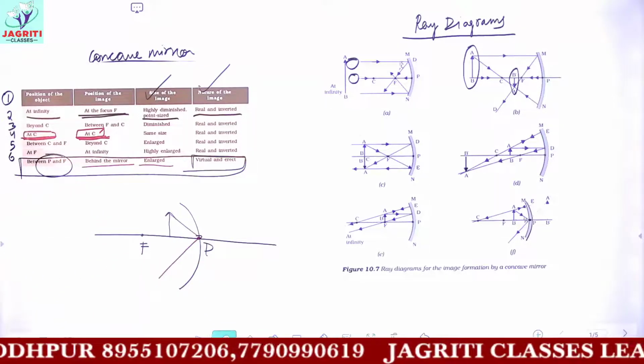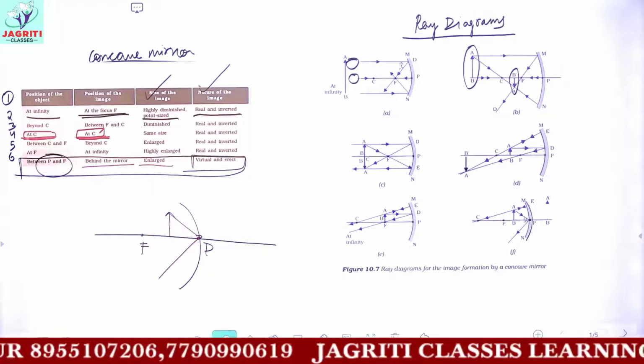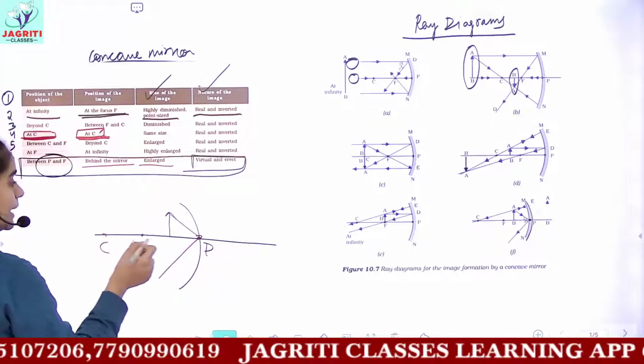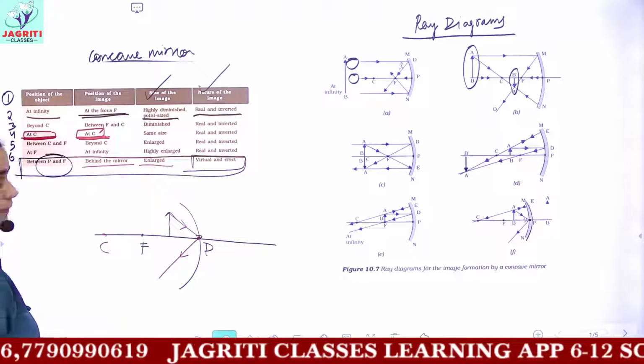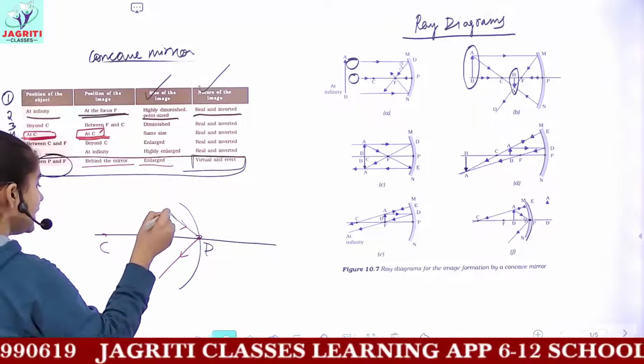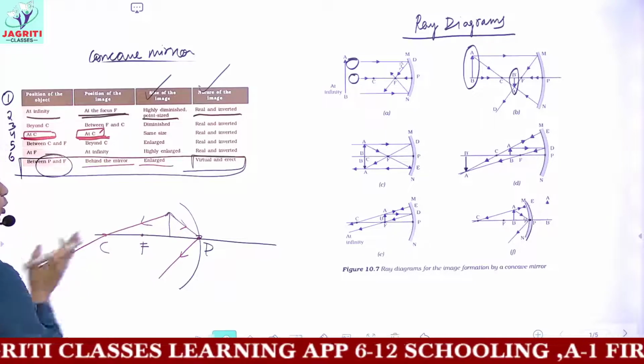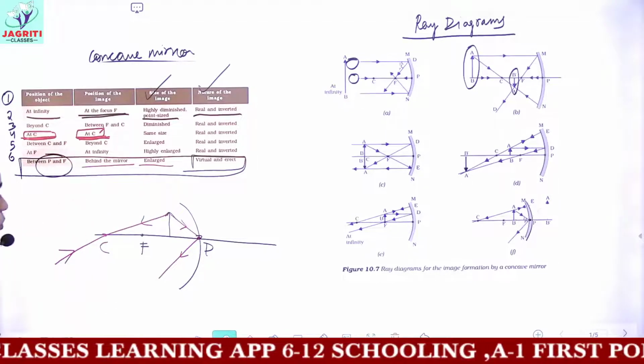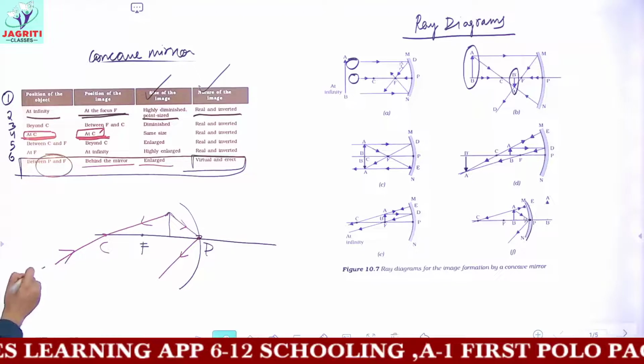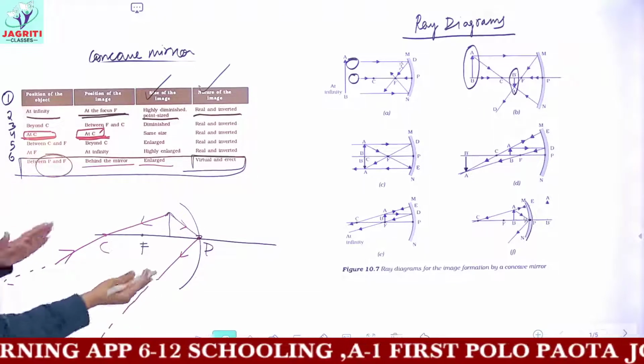The next light ray is drawn accordingly. Then you have one more rule, that when the light ray passes through the center, then it again follows its path back. So when we extend, see these light rays, if I extend them, they are not meeting.